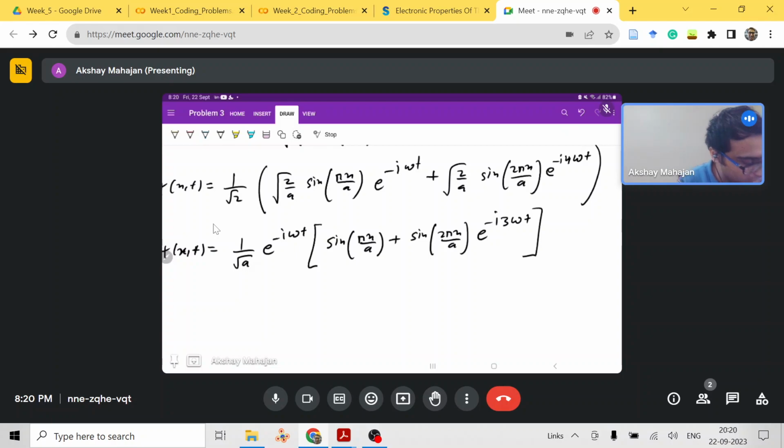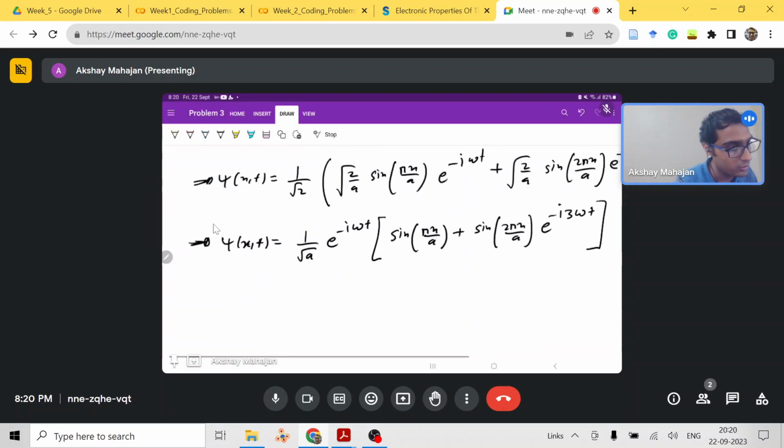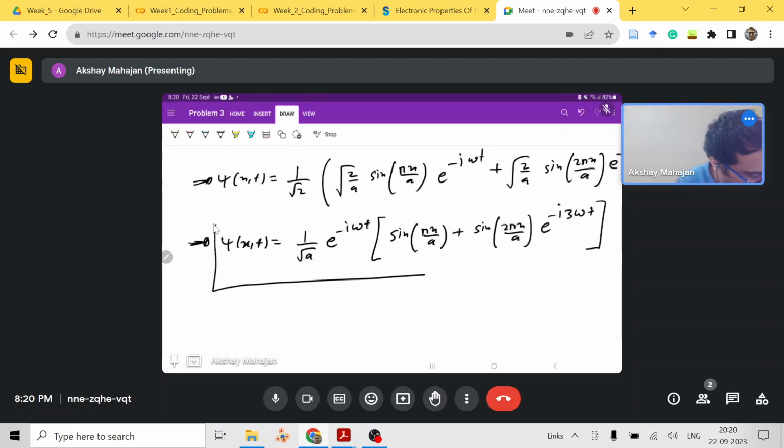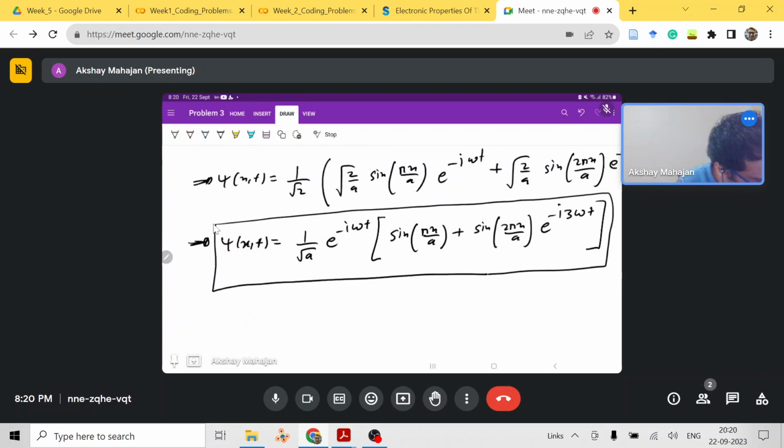We have taken one e to the power minus iota ωt, so we are left with 3ωt. So this will be our answer: ψ(x,t) is equal to 1 by root a e to the minus iota ωt [sin(πx/a) + sin(2πx/a) e to the minus iota 3ωt].